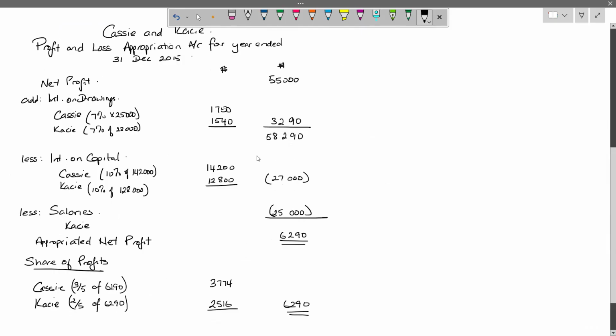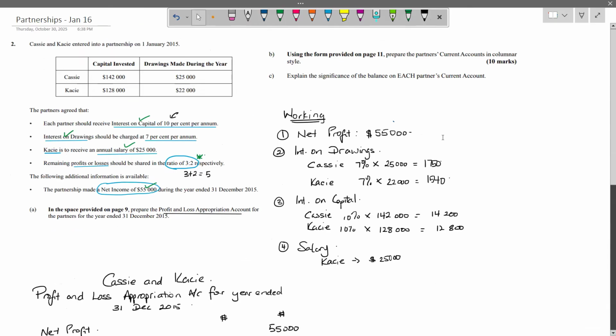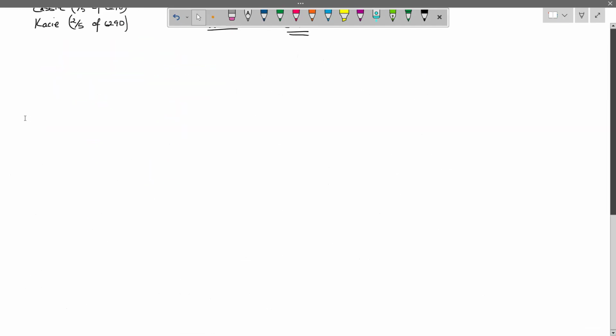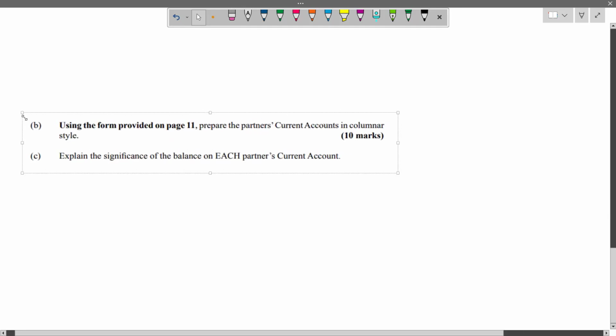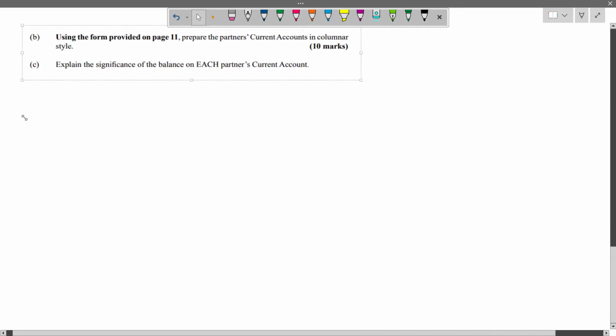Right? Now, the other part of the question is asking us to prepare the partners' current account in a column style. I'm going to go down a bit. Right?